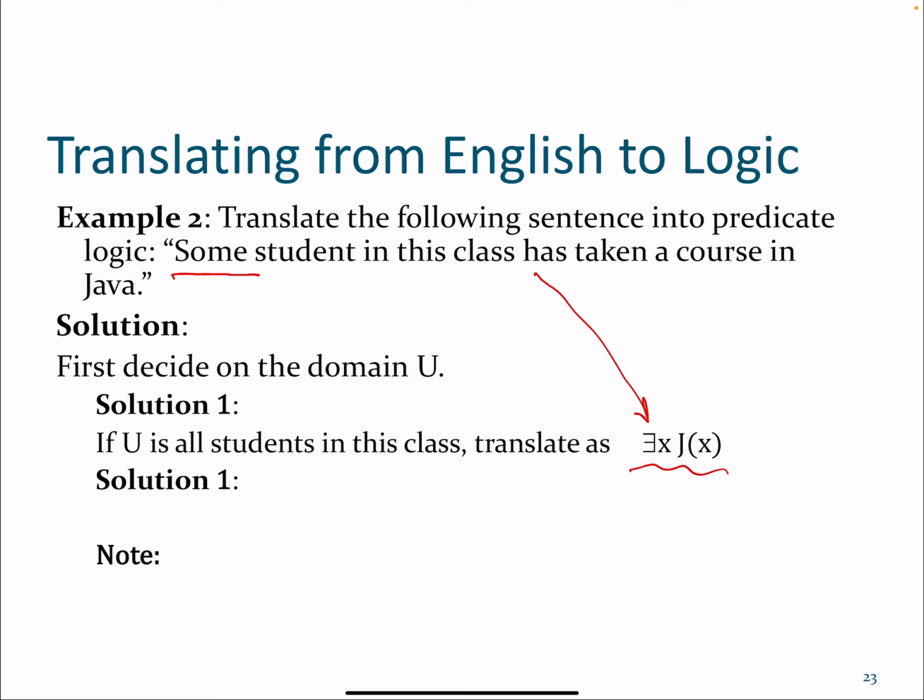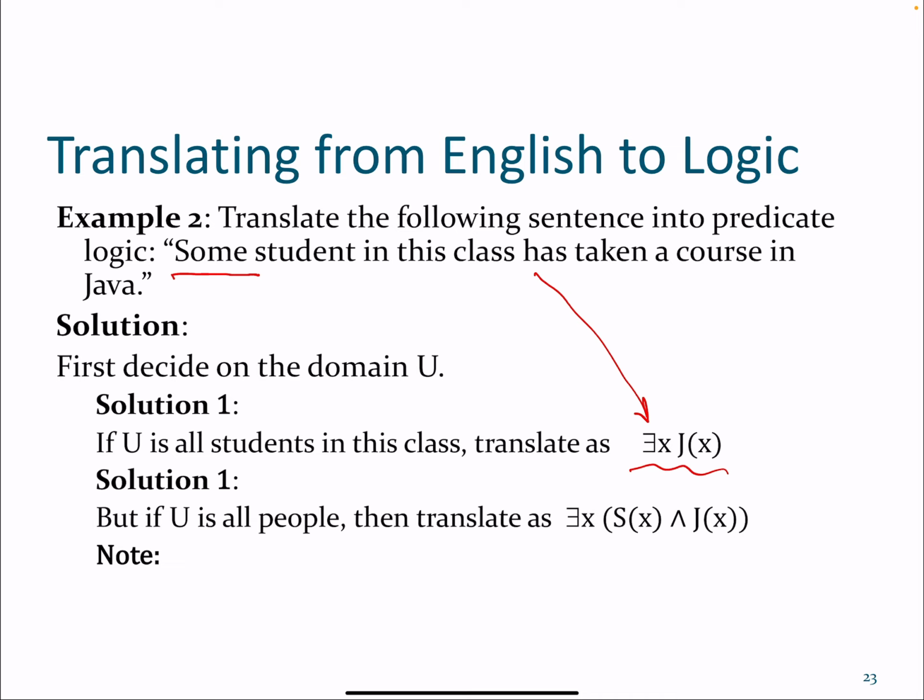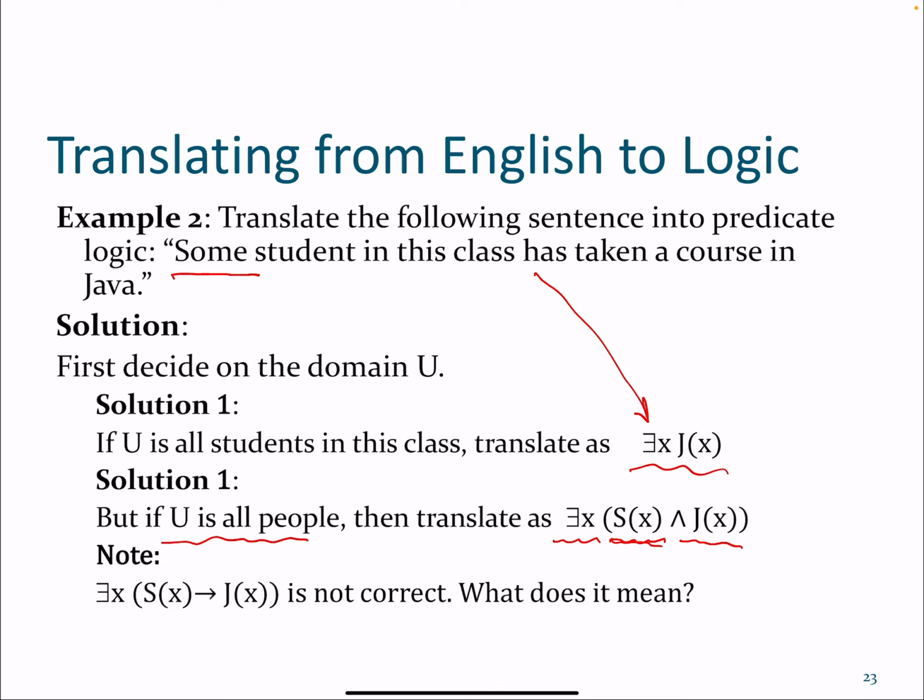But if U is all people, then we define the same propositional function Sx, meaning x is inside this class. So there exists an x such that x is inside this class and x has taken a course in Java. That has the same meaning as the previous one. However, here, if you change and to if-then, it is not correct because the meaning is different.